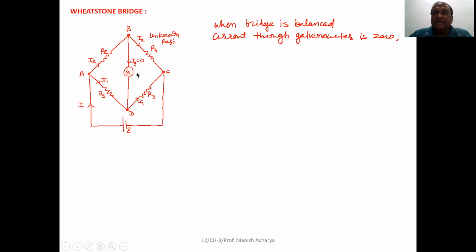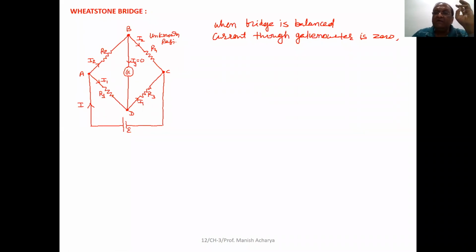It implies that galvanometer shows you 0 deflection. When galvanometer shows you 0 deflection, then we can say bridge is balanced. Or in other words, we can say when the bridge is balanced, always galvanometer shows you 0 deflection.